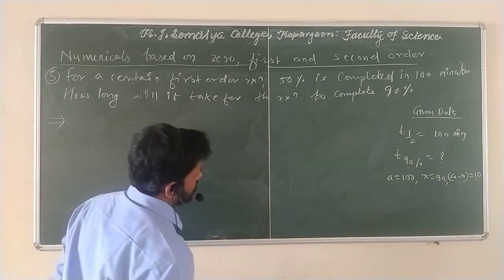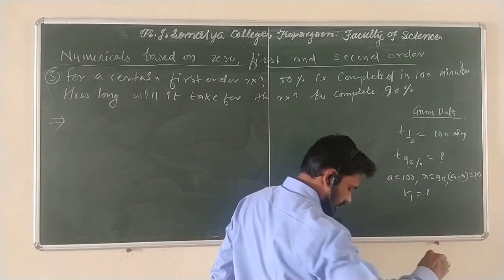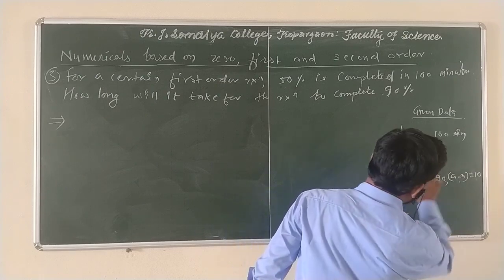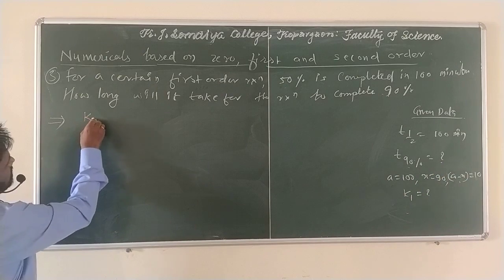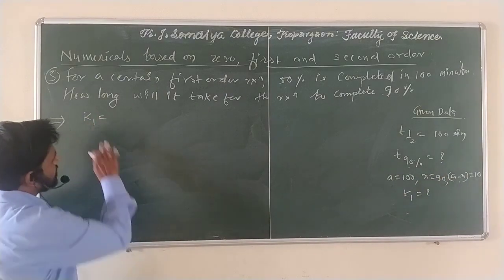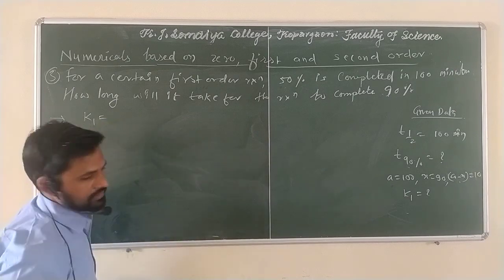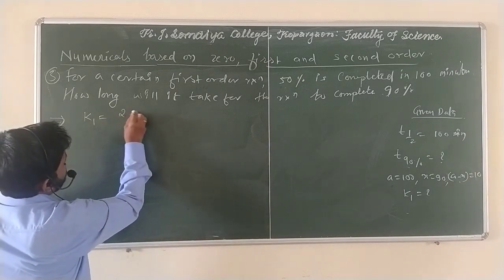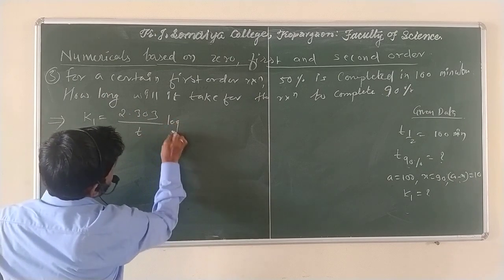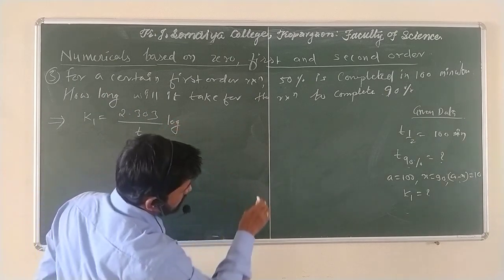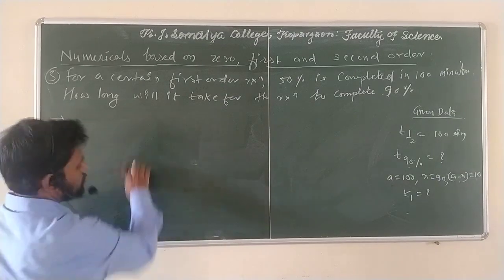So what do we have to calculate first? We have to calculate K1 first, then the time for 90%. Why do we need K1? Because whenever you want to calculate the time, you require the rate constant. K1 can be calculated from the half life period.